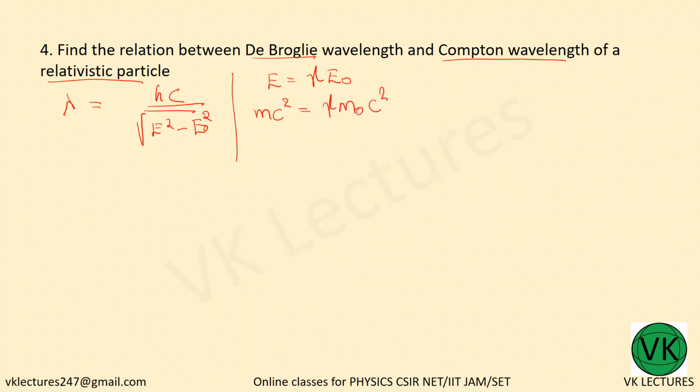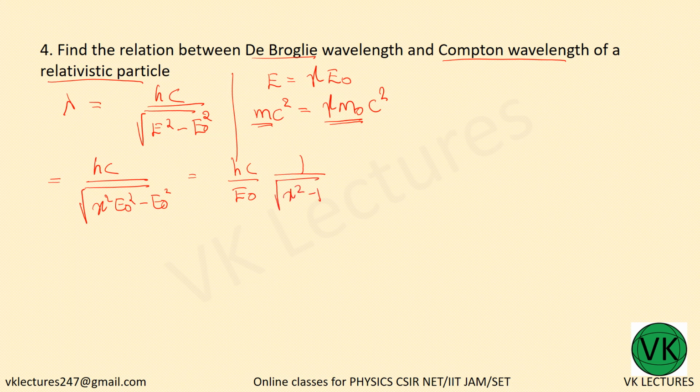So m is nothing but gamma times m naught. Now substituting the value of E, we get hc divided by under root gamma square E naught square minus E naught square. So that's equal to hc by E naught into 1 divided by under root gamma square minus 1.